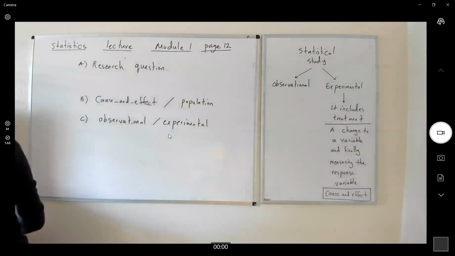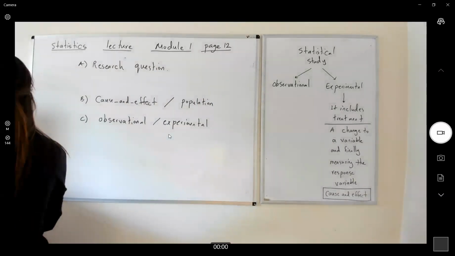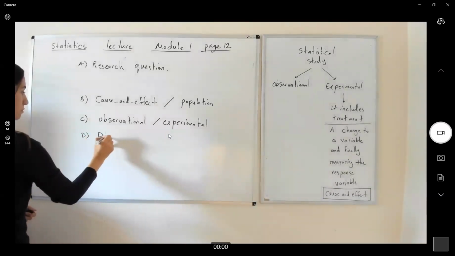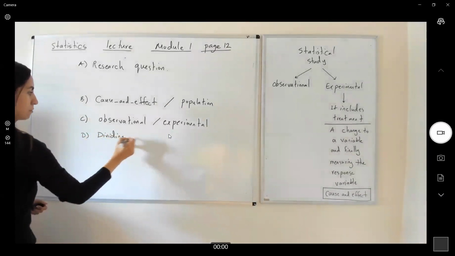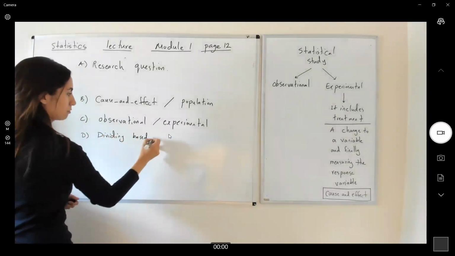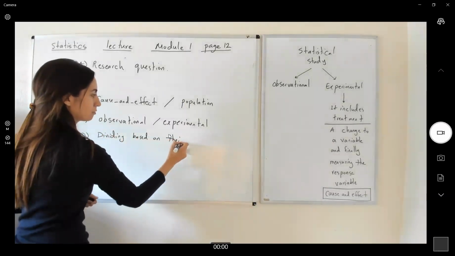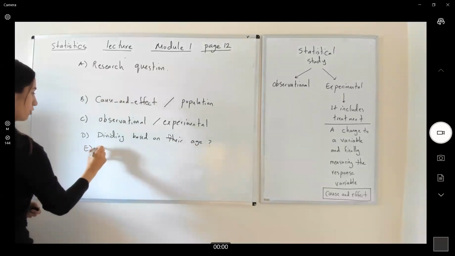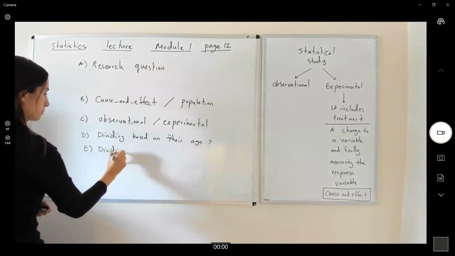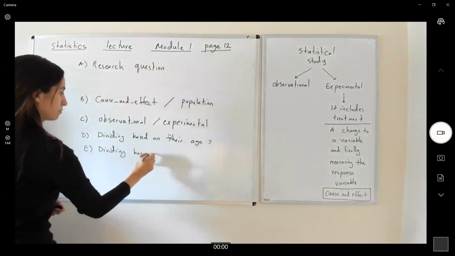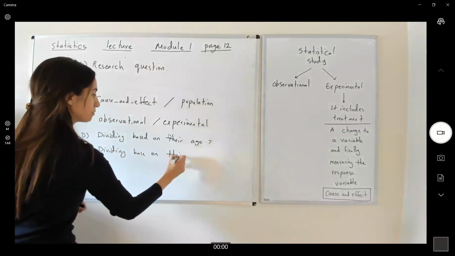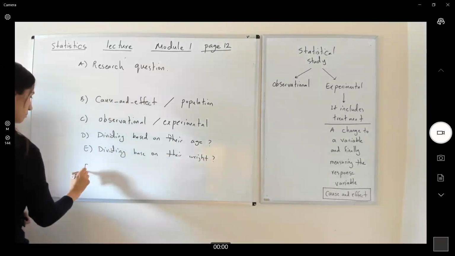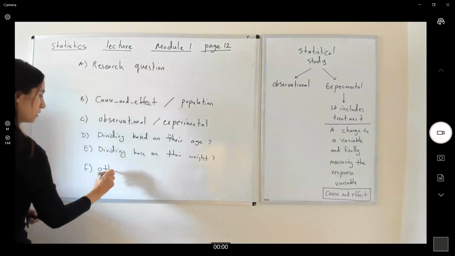This is dividing the groups based on their age. Dividing based on their weight. Other methods.